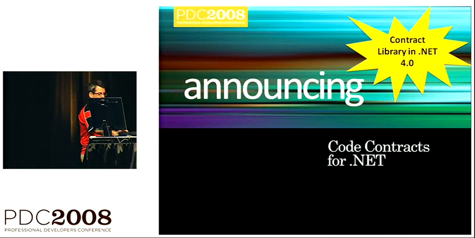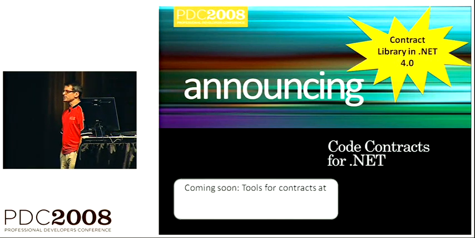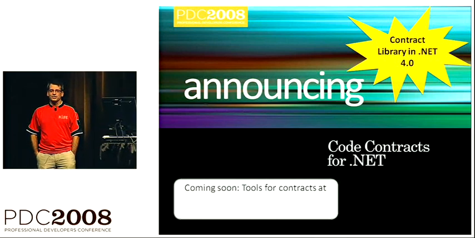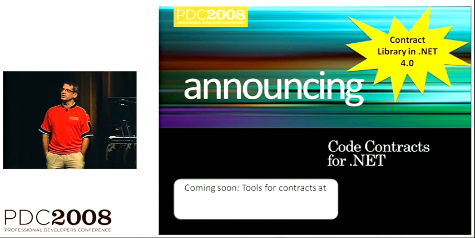In addition, once you've expressed those contracts, there will be some tools coming out on DevLabs which will take advantage of those contracts. That's what I'm going to be spending most of my time on today: showing you the tools that make use of those contracts and give you important ways to help you make sure your code is correct and reliable.